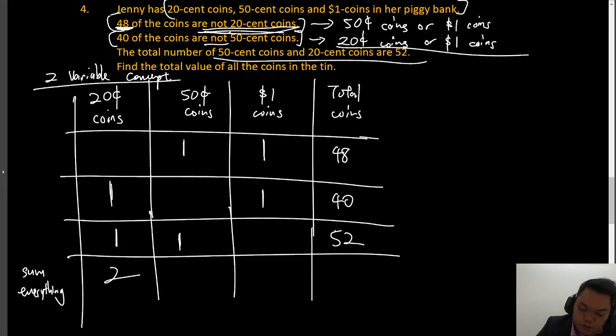You will get 2 copies of all your 20-cent coins. 1 copy of all your 50-cent coins plus 1 more copy of all your 50-cent coins will give you 2 copies of everything. So 1 copy of all your $1 coins plus 1 copy of all your $1 coins will give you 2 copies of your $1 coins. So when you have all this already, the total number of coins you are going to have in total is going to be 48 plus 40 plus 52. That will be 140.